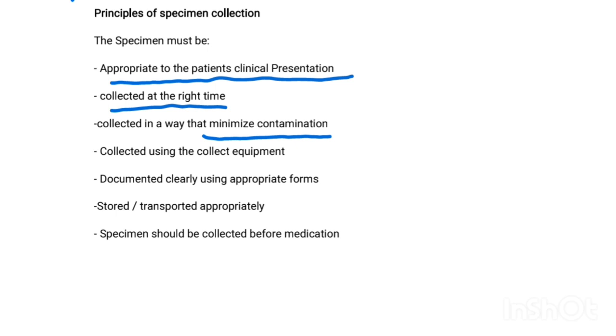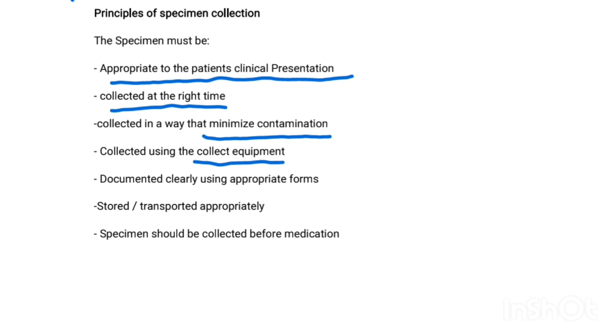Also, we should use the correct equipment. Okay, so when collecting samples, we have different types of containers, and each container is appropriate for the specific sample. Just like I said, we use different containers for collecting blood samples for a specific test.